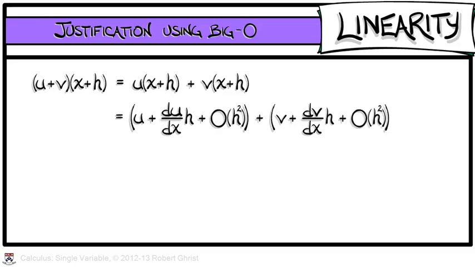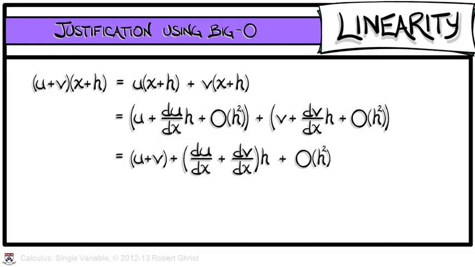Likewise with v. Now, let's rearrange this sum by ascending order of h. The zeroth order terms are u plus v. What are the first order terms, those that have an h? Well, on the left we have du dx, and we add to it the term from the right, dv dx.